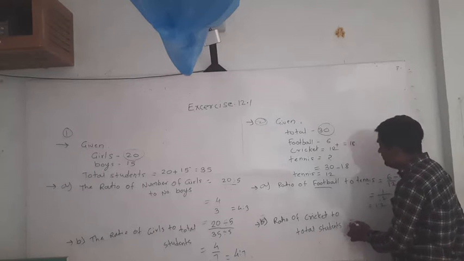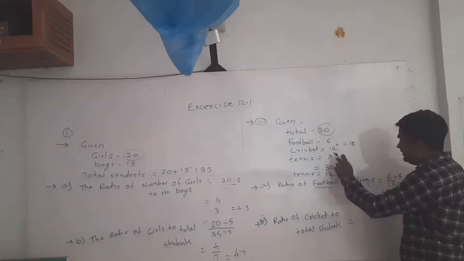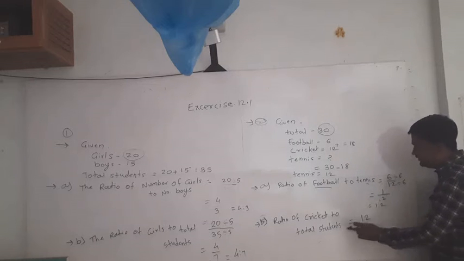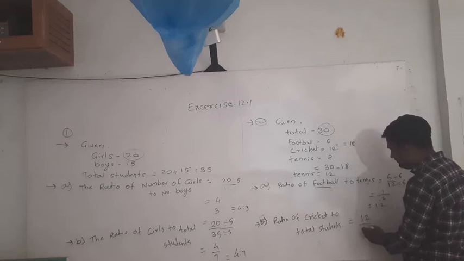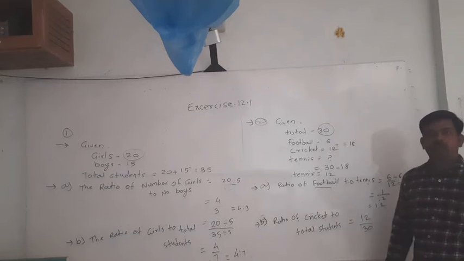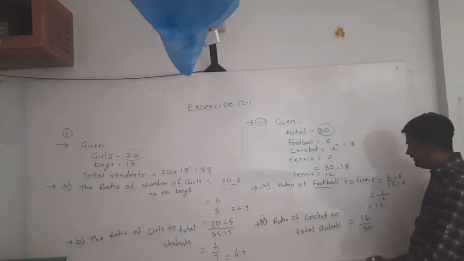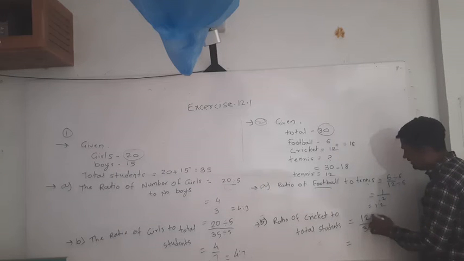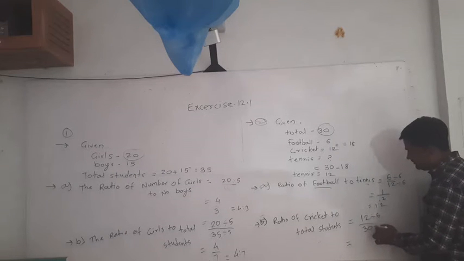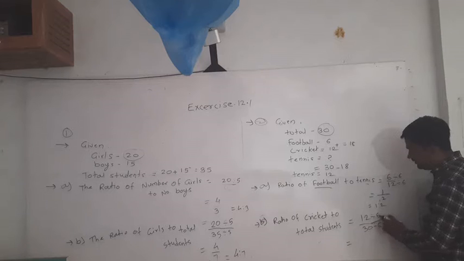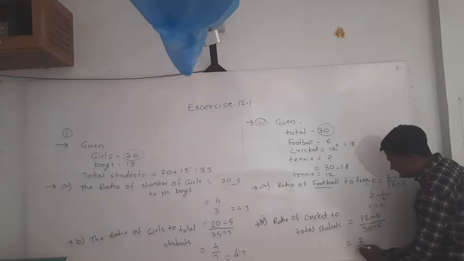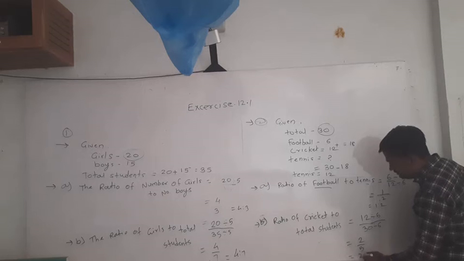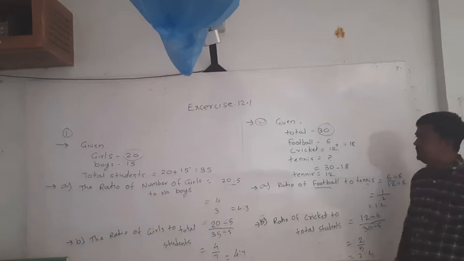Now we know that how many students like cricket? 12 students. How many total students are there? 30. Yes. Now in which table are both numbers? In the 6 table. So you can divide by 6, both numerator and denominator. 6 twos are 12. 6 fives are 30. What is the answer? 2:5.